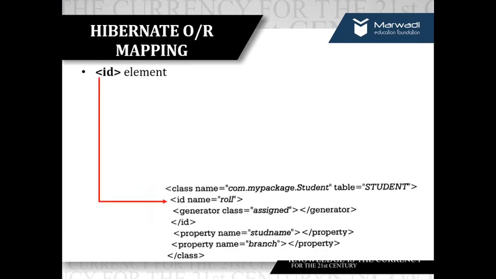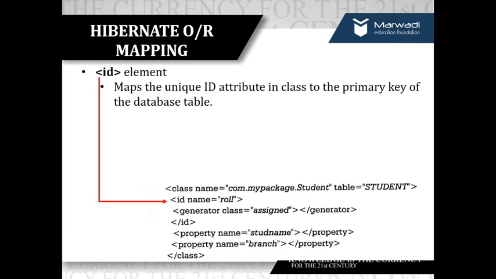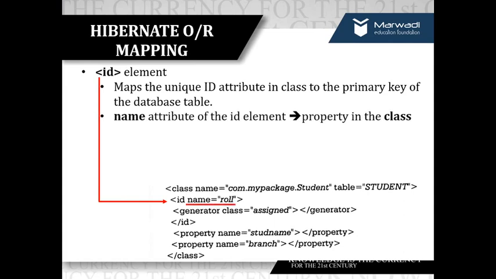Then comes the ID element. It maps the unique ID attribute to the primary key. So the name attribute of the ID element is nothing but the property inside the class. So this role is the name of the instance variable of the student object, or student class's object.